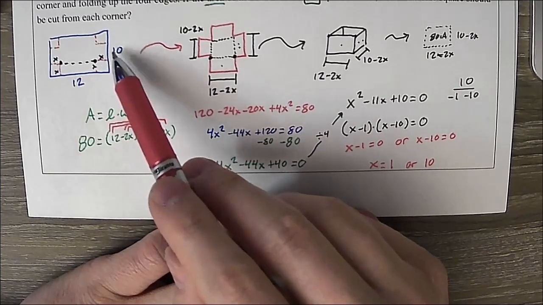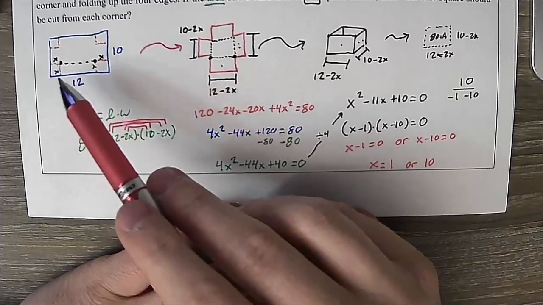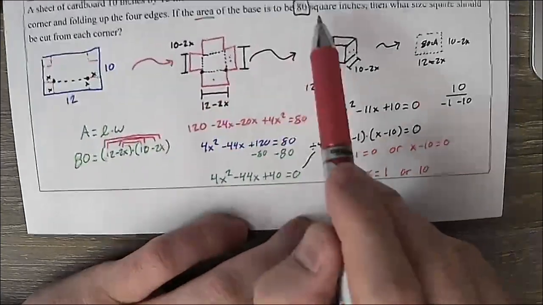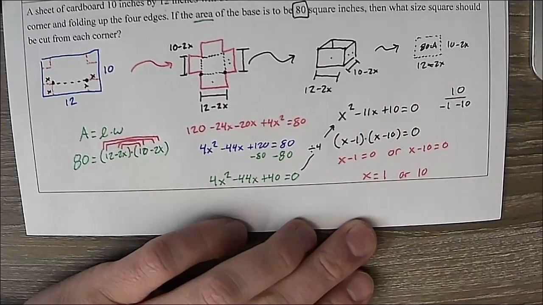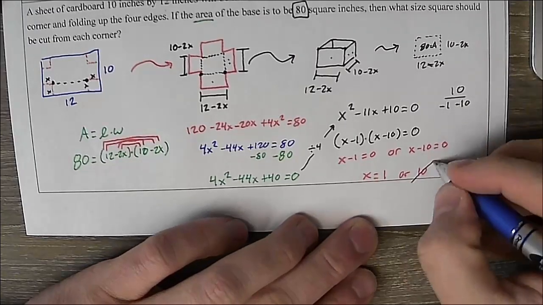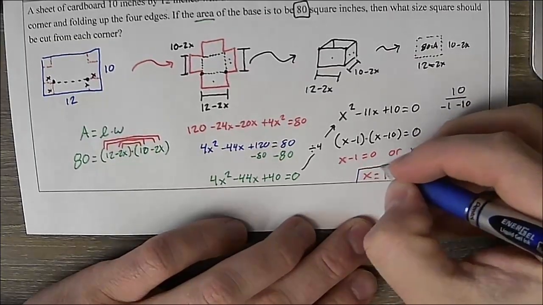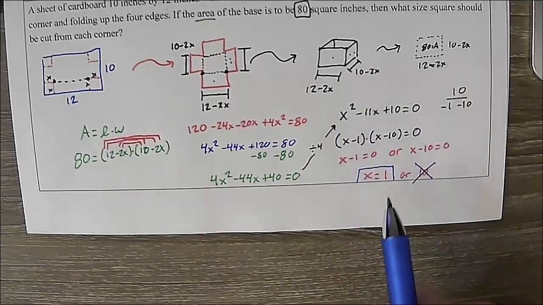So it's 10 minus 20, which becomes negative 10. That becomes negative 8. Negative 10 times negative 8 is still a positive 80. So that's why it pops up as a potential answer. Doesn't make sense when you think about it. So all we have to do is cut 1 inch squares to have a base area of 80.